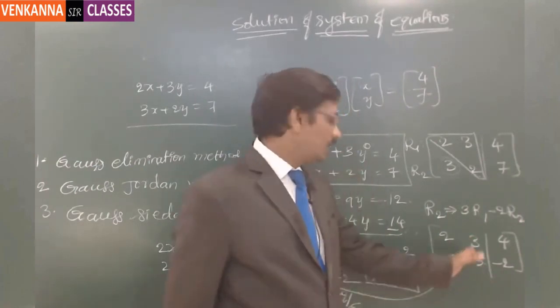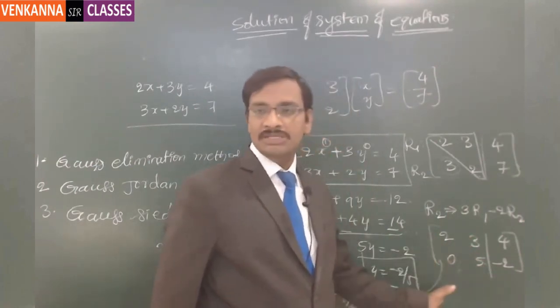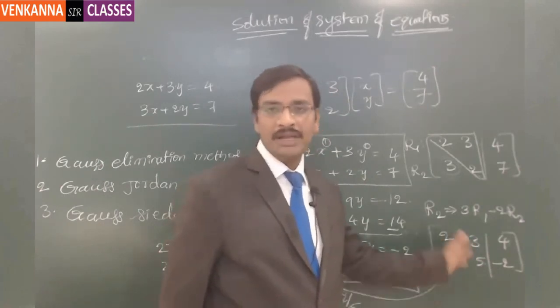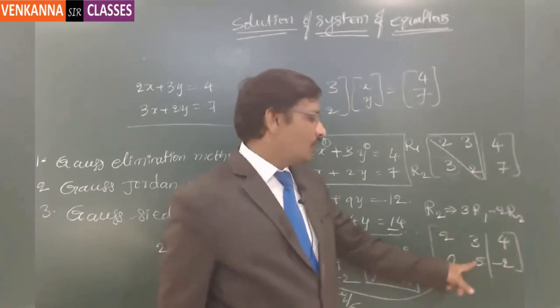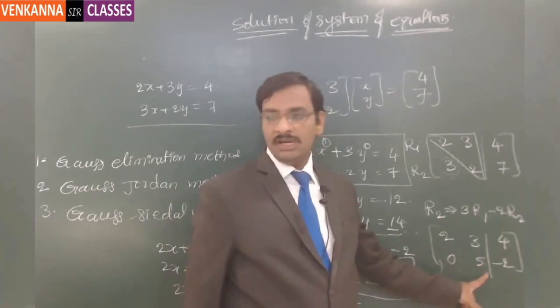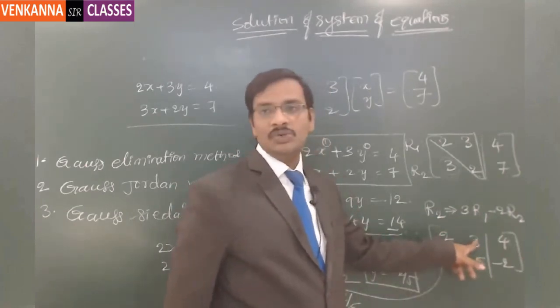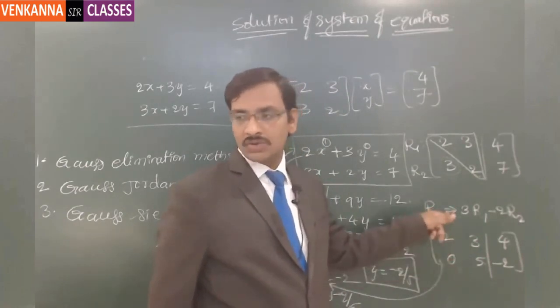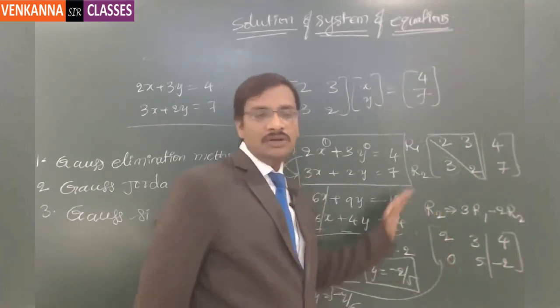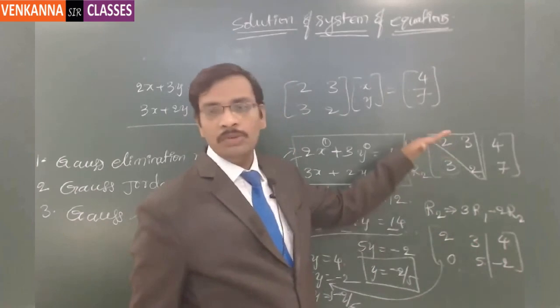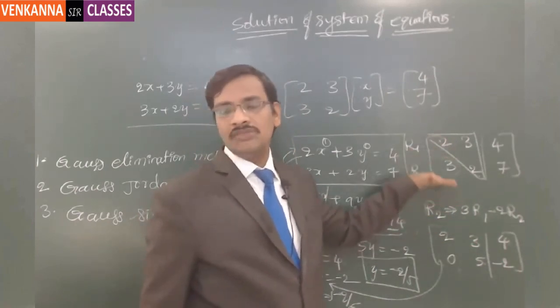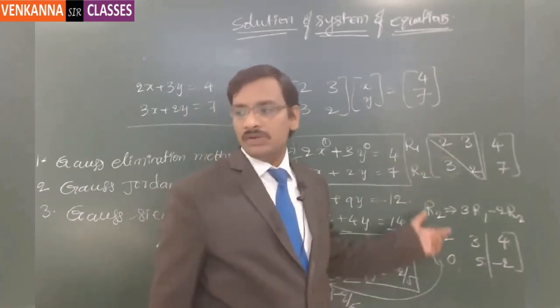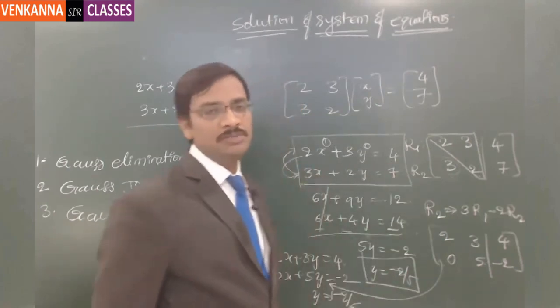By eliminating the lower triangle elements and keeping the upper triangle elements, you will be able to calculate the last value first, substitute it into the previous row to get the next value, and substitute these two values into the next row to get the value of the third one. Like this, from bottom to top, you substitute the values and calculate the unknown values. This method is called the Gauss elimination method.